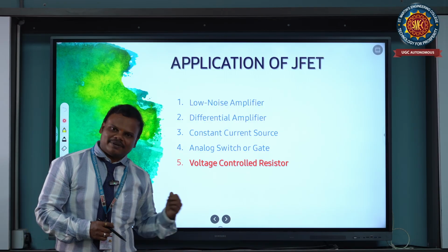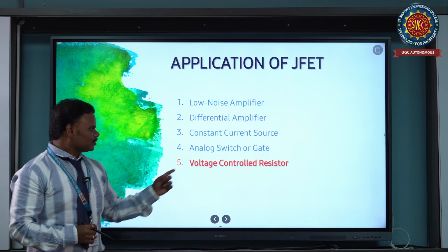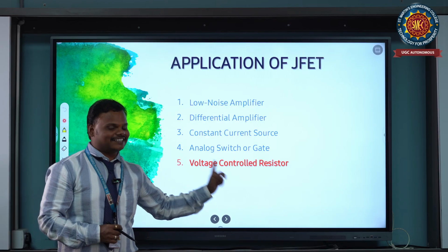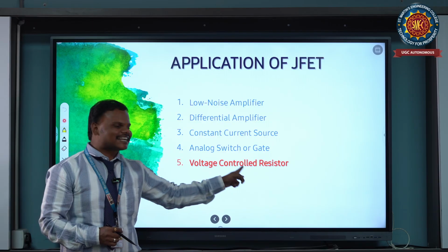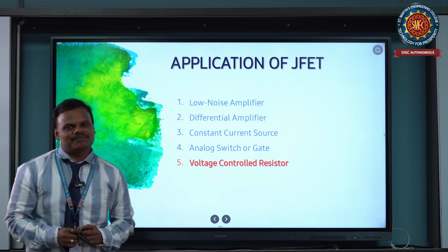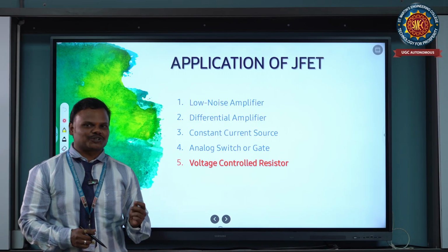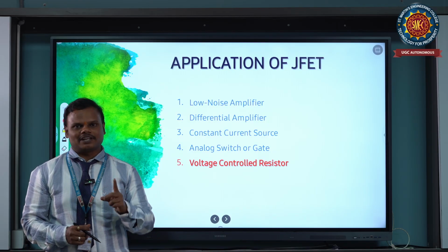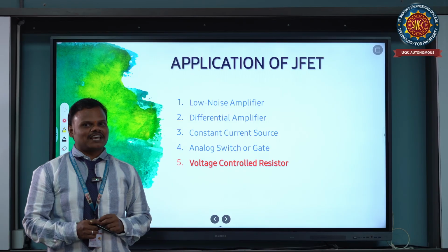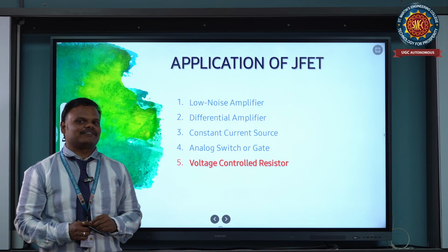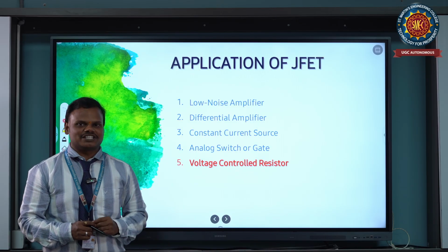Similarly, it can act as an analog switch. Last but not least, the most important application of the JFET is the voltage controlled resistor. The JFET can act as a voltage controlled resistor or voltage variable resistor. When we change the VGS value, the current value reduces, that is, the resistance value increases.